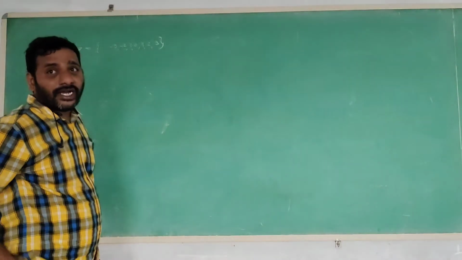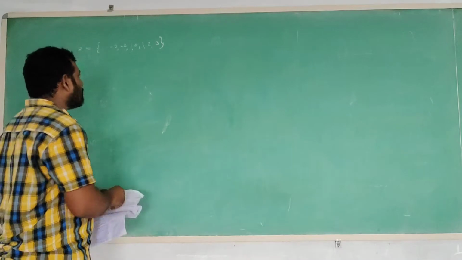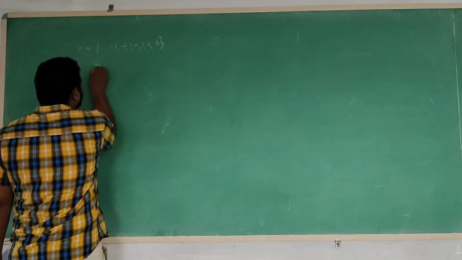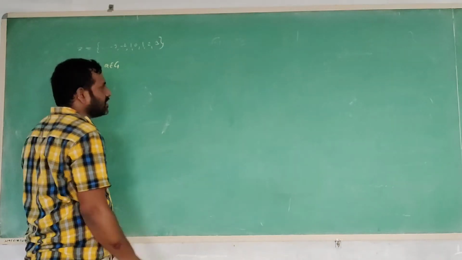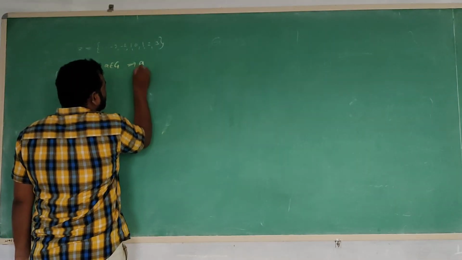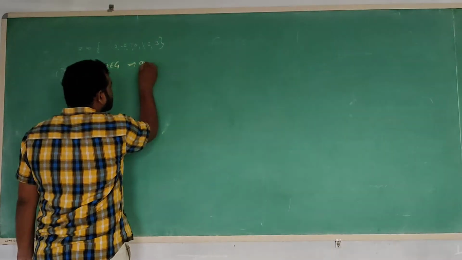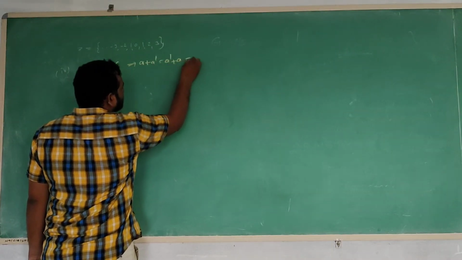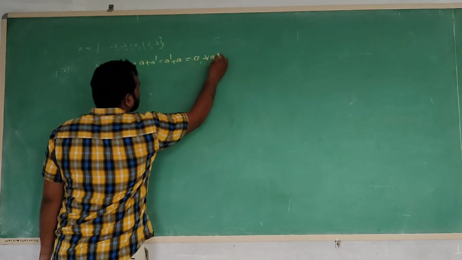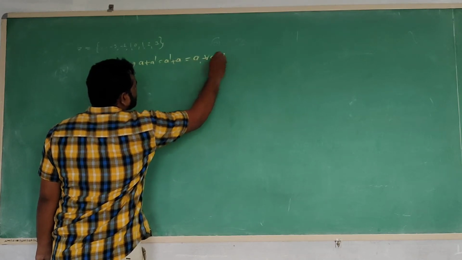The additive identity is 0. For all a belonging to G, that implies a plus a dash equals a dash plus a equals e, for a, a dash belonging to Z.